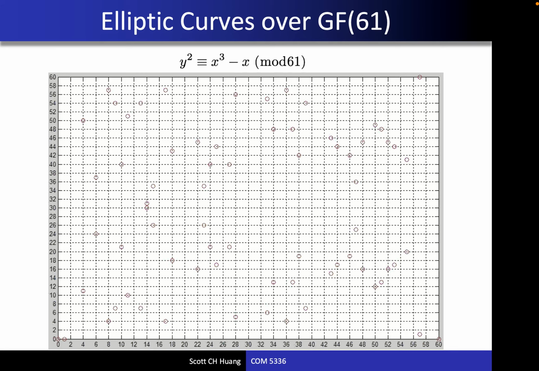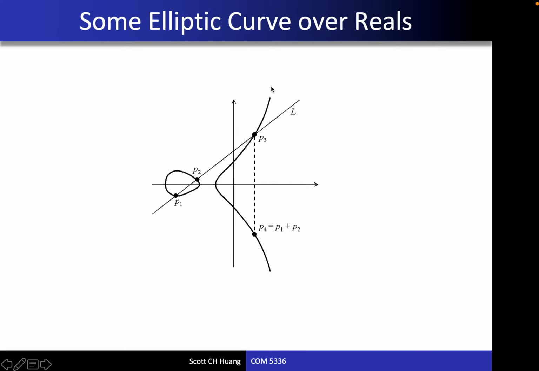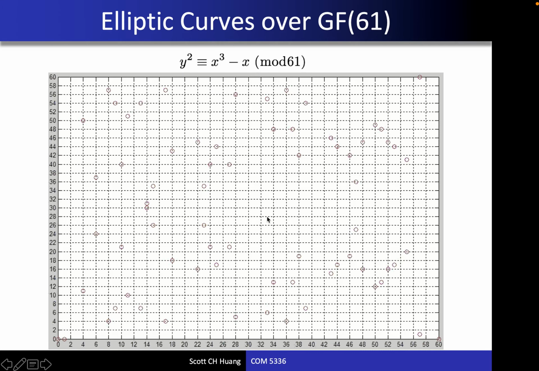Everything is mod 61. So this is a special curve. Anyway, we still have this type of symmetry. If we have a positive number, then we have a negative number here, even though you can regard this as positive and this as negative. And those individual points are not continuous. So the concept of a smooth curve is gone. There's no curve anymore. They're individual points.